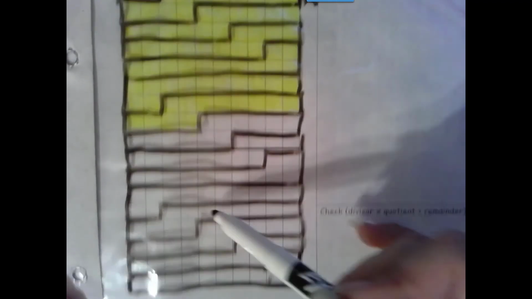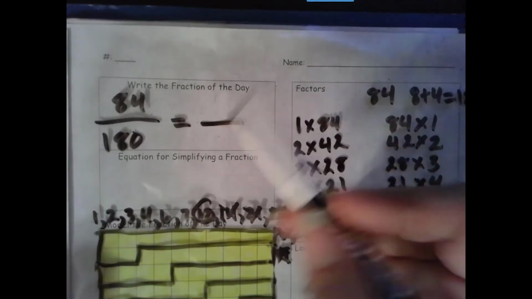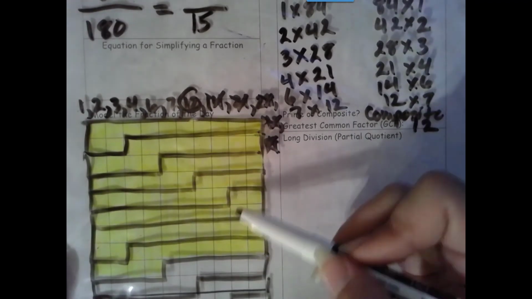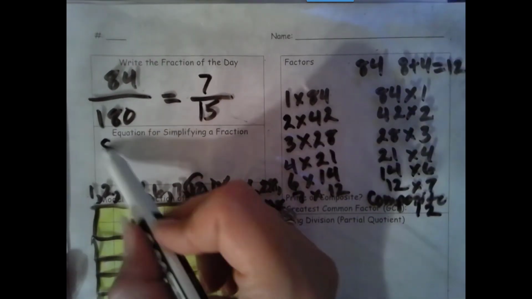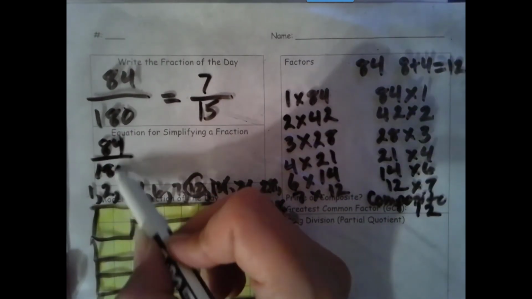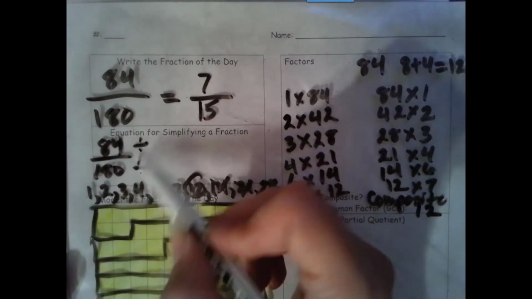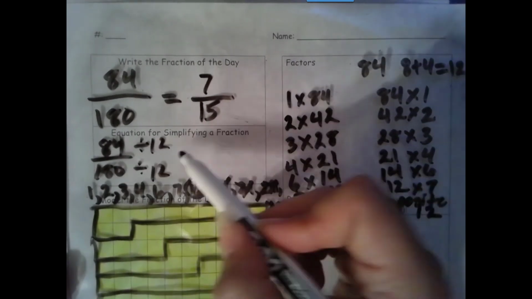Finally, we found our greatest common factor. It is 12. So let's count up our total groups of 12. 1, 2, 3, 4, 5, 6, 7, 8, 9, 10, 11, 12, 13, 14, 15 total groups. And we have 1, 2, 3, 4, 5, 6, 7 shaded in. Okay, now that we've done our division with our model, let's go ahead and divide with our algorithm.